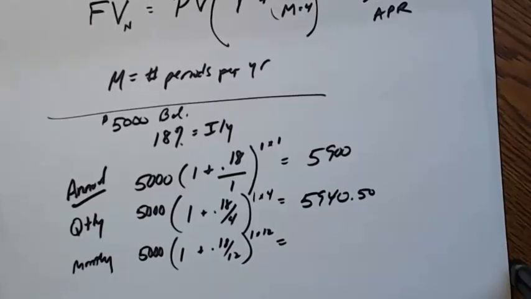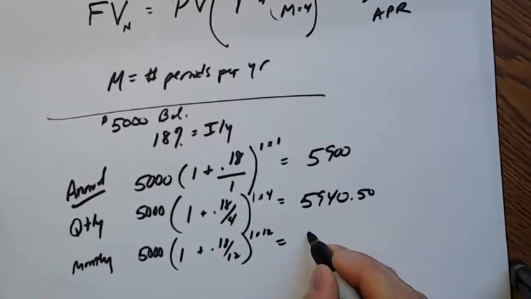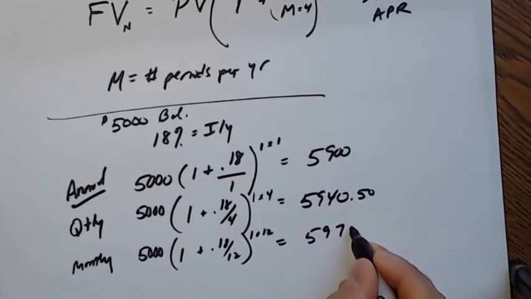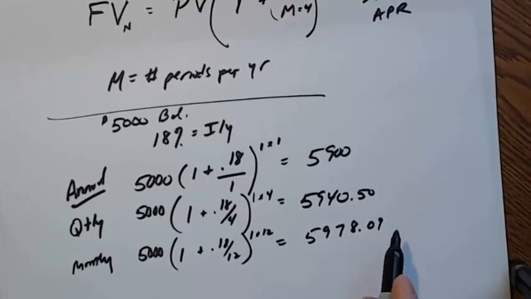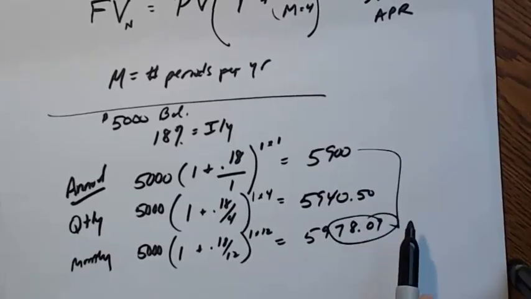Okay, 1.015. Compared to annual, it's going to cost you another $78.09 a year by that monthly compounding.